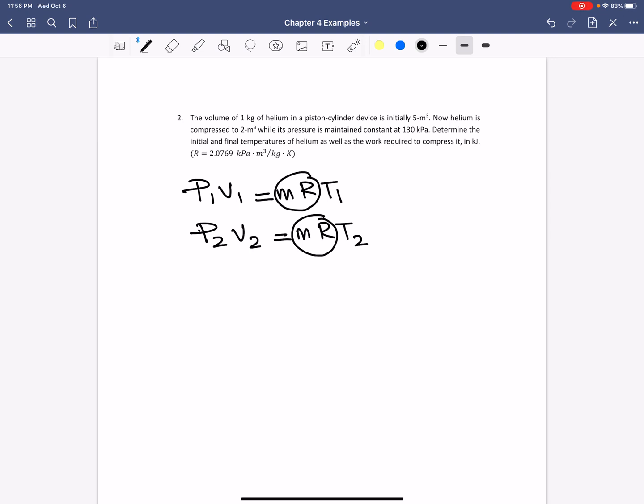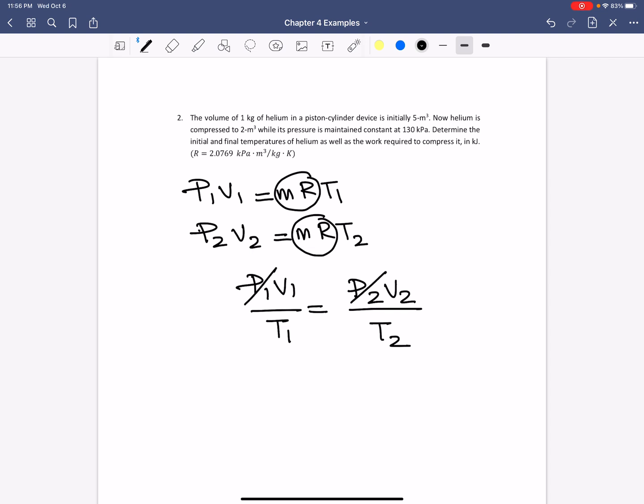So basically, P1V1 over T1 is equal to P2V2 over T2. Right? And besides that, we are also given the pressure is going to be the same. So actually P1 is equal to P2.